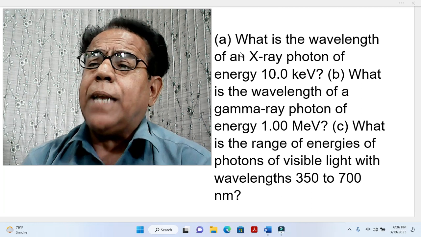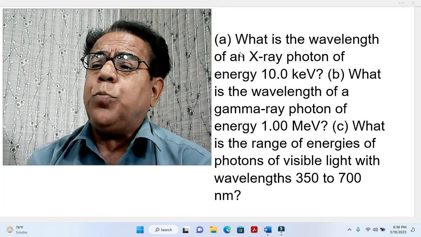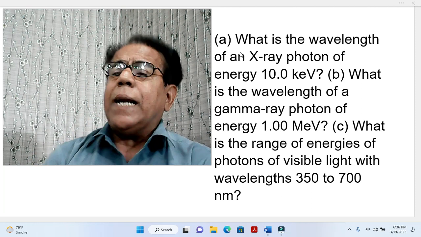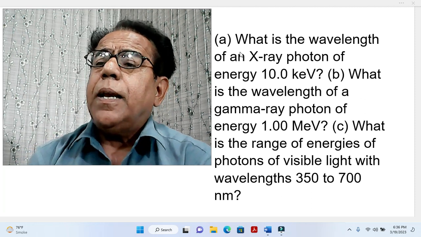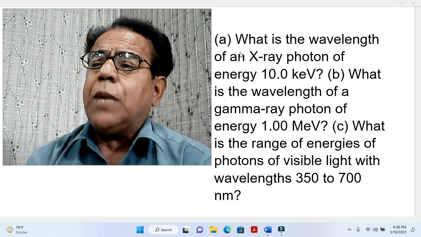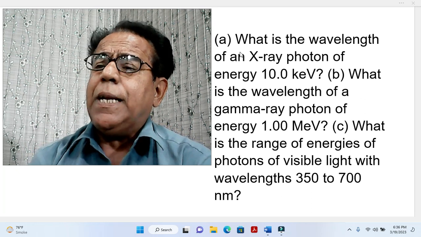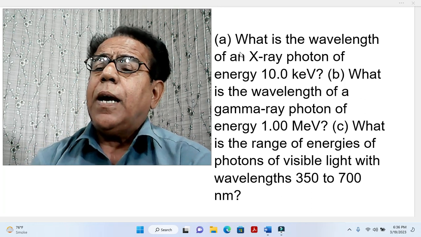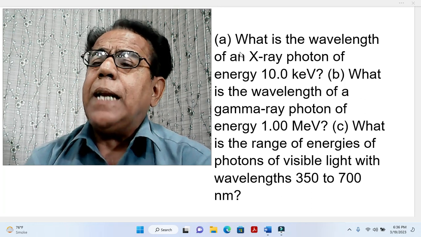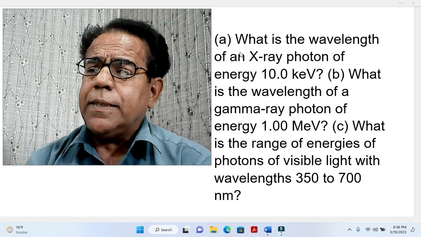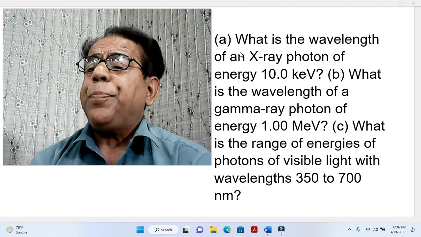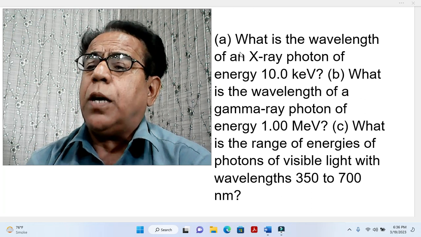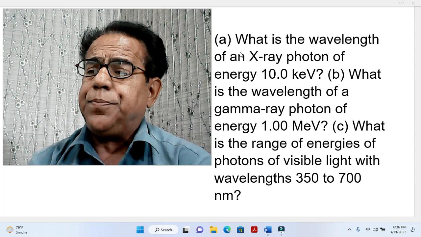Because 10,000 can be written as 10 to power 4. 10,000 electron volt or 10 to power 4 electron volt is the same thing. Similarly, 10 to power 6 electron volt or 1 million electron volt is the same thing.